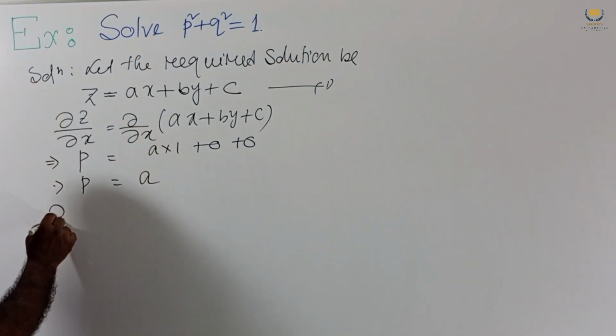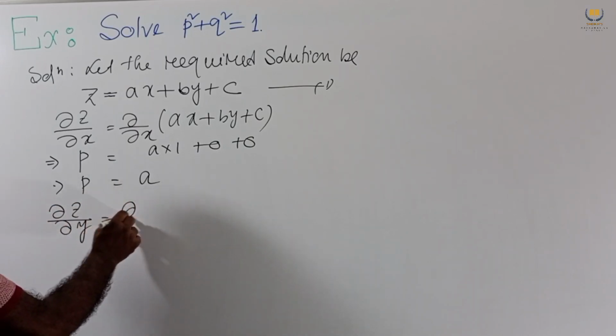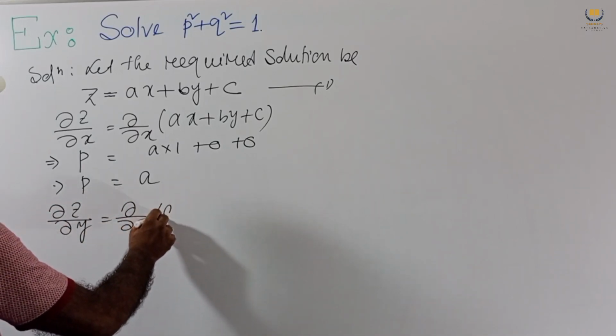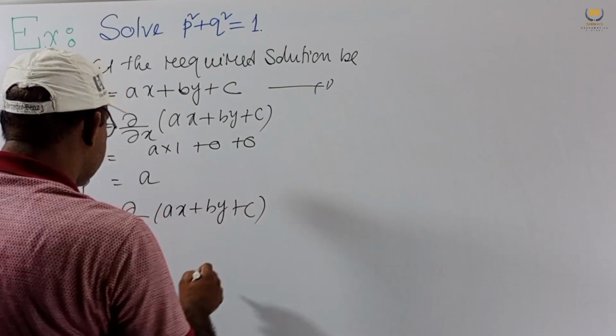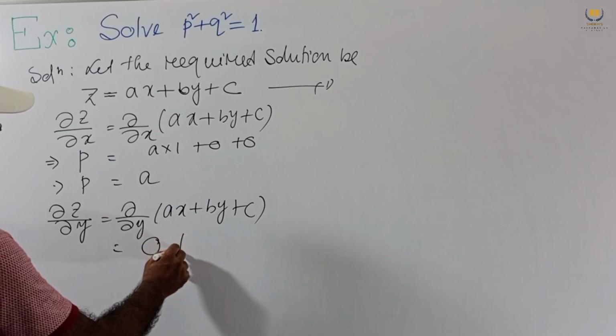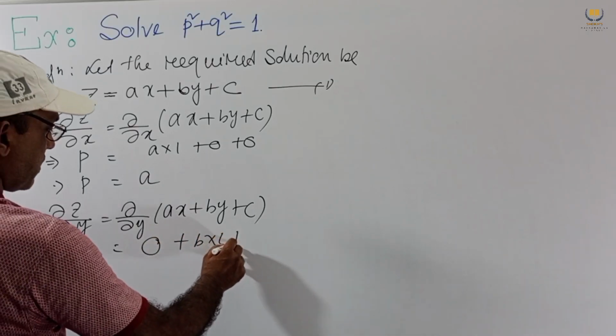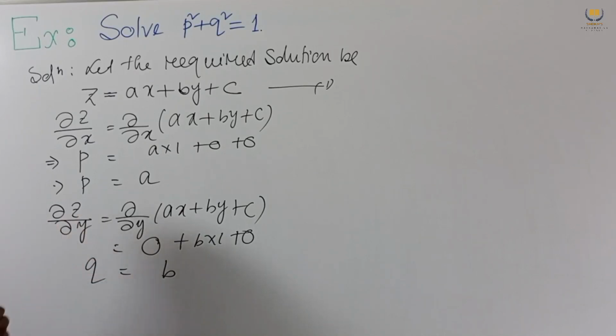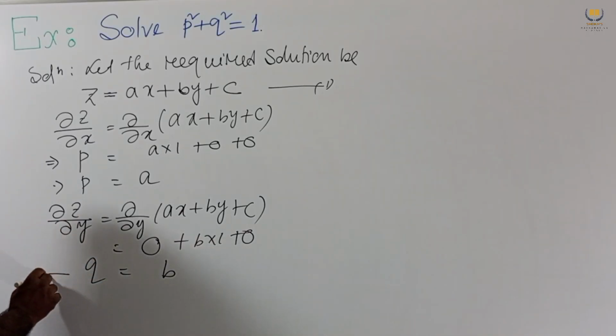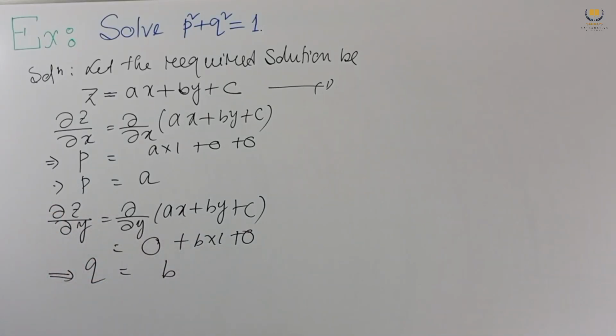Again we differentiate equation number 1 with respect to y partially. This will be 0, this is b into 1 plus 0, and this is b. This will be q. So del z del y means q.